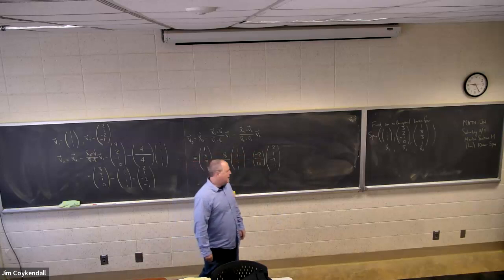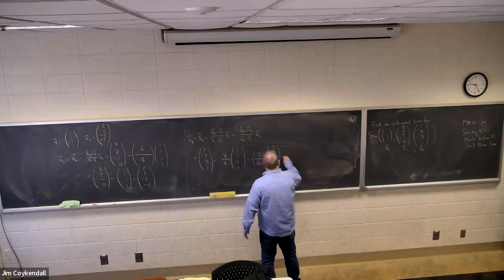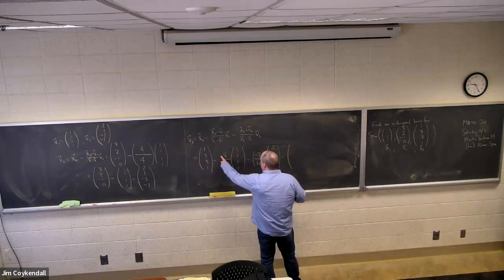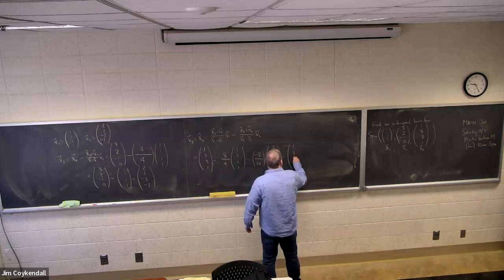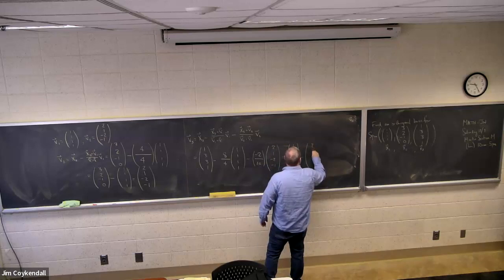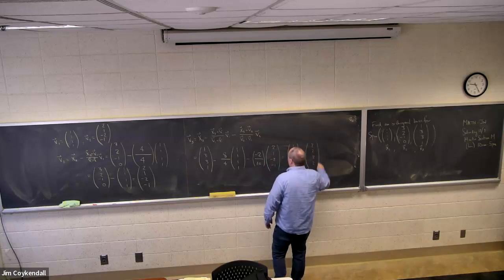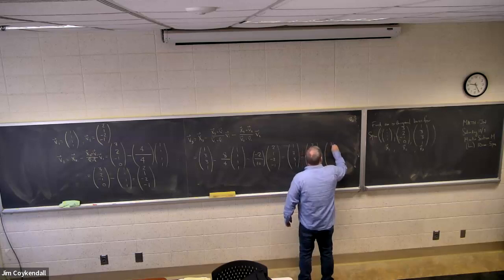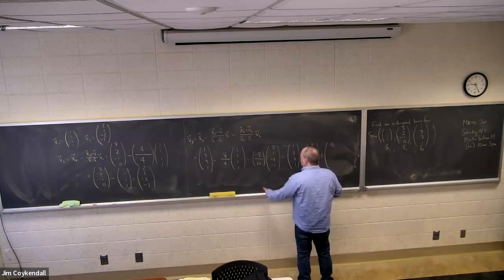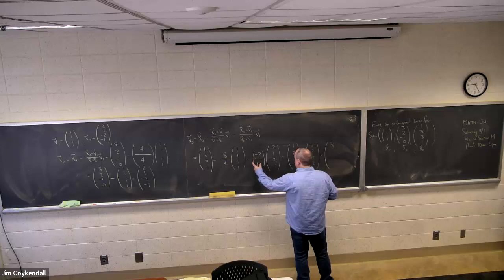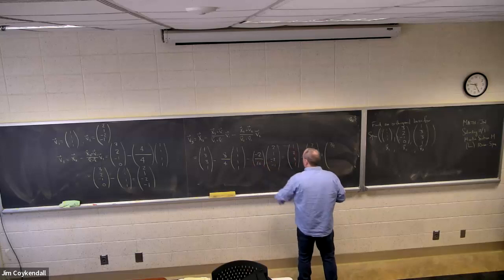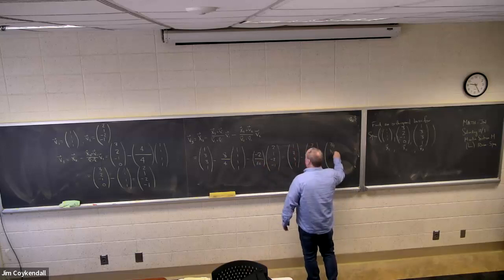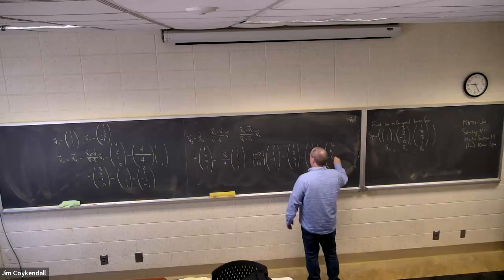Right? So let me clean this up a little bit. This is 1, 3, 3, 1, minus 2, 2, 2, 2. That's going to be plus 2/5, 1/5, minus 2/5, minus 1/5.